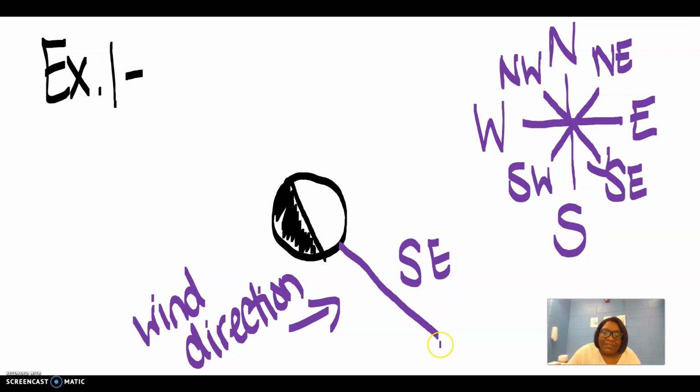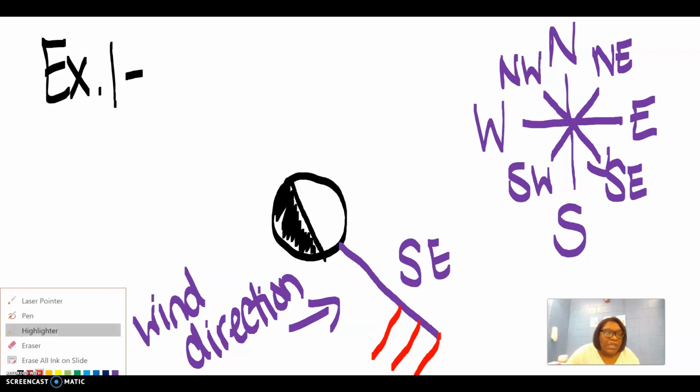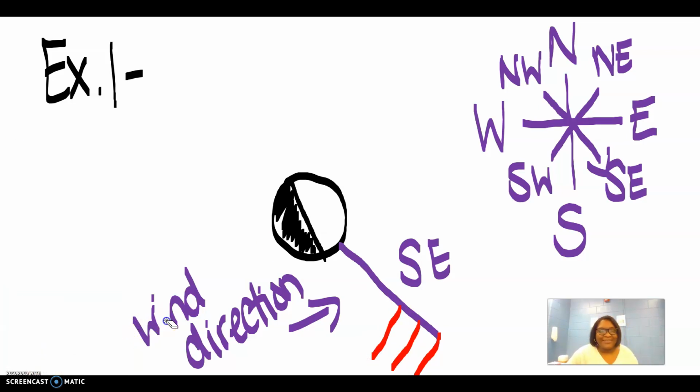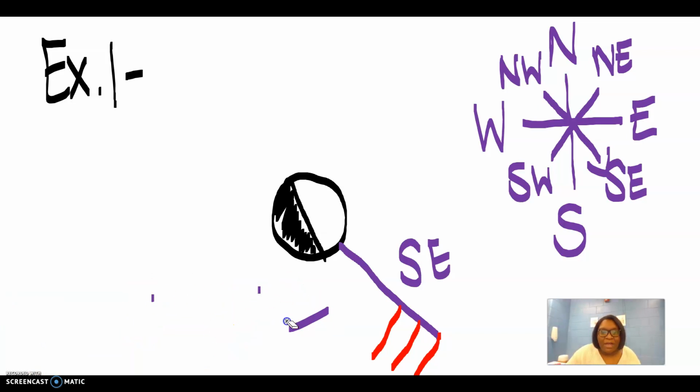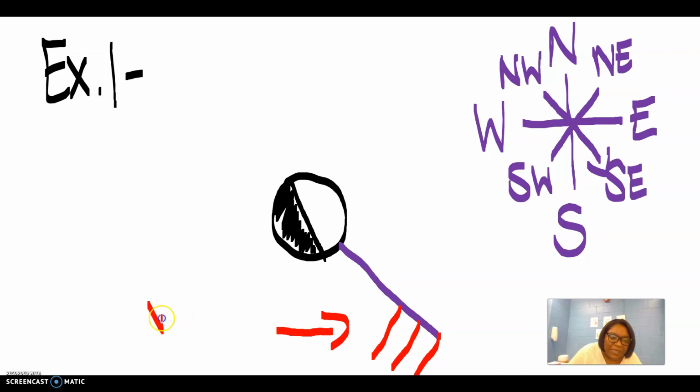Then we want to look at the tip of our bar, and it's going to have some little feathers on it. Because I'm sure that's not what the meteorologists call them, when we're looking at those feathers, it's important for us to know that these feathers tell us the wind speed.